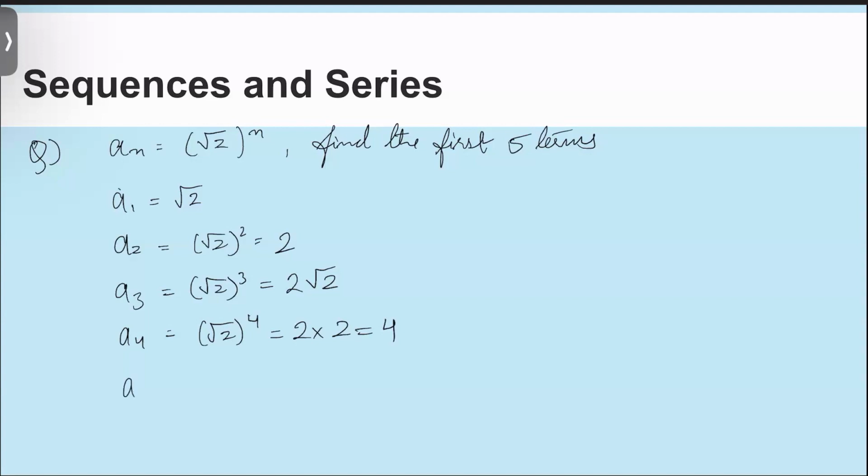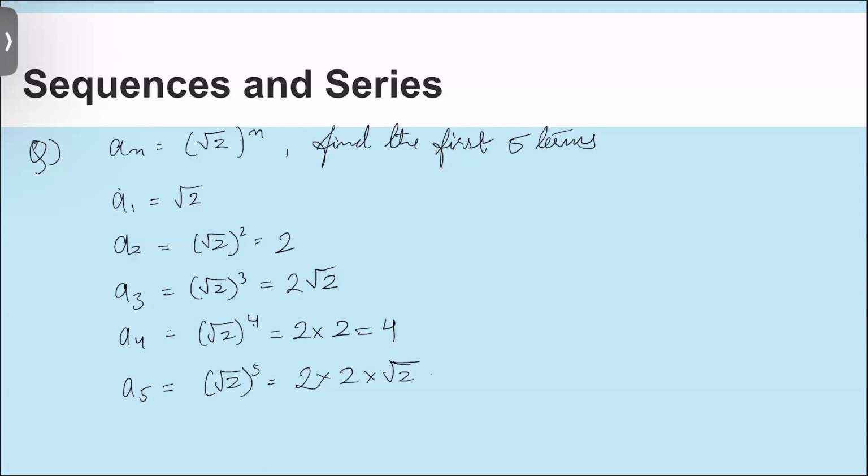And if you have a5, so we have root 2 raised to 5. So again, that is 2 into 2 into root 2. Okay, so this is root 2 square, root 2 square, and then there is root 2. So this is 4 root 2. Okay, so this is how you can find it even when you have such kind of sequences.